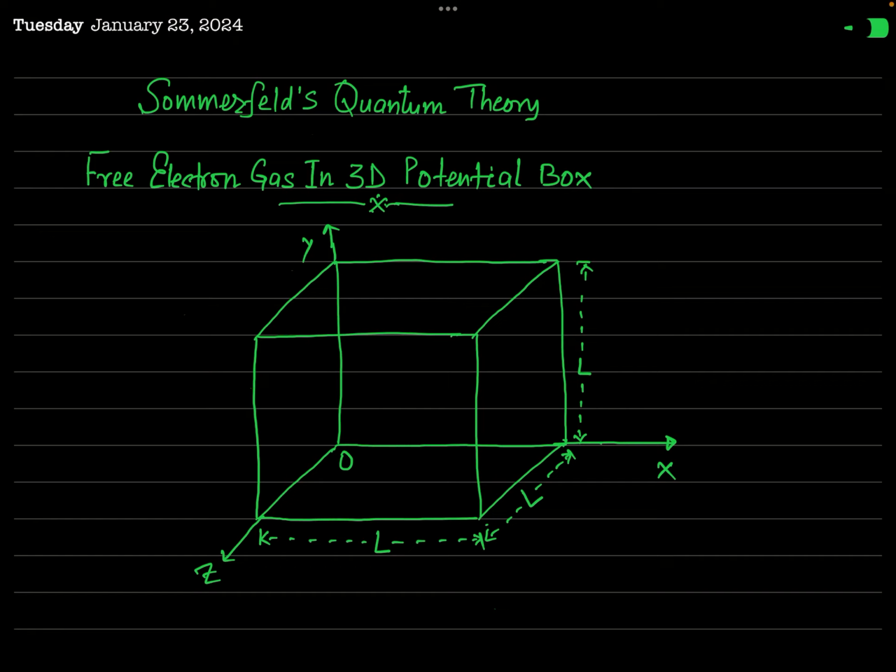And in this problem, first of all, we will discuss the basic theory of free electron gas in a three-dimensional cubical potential box. Actually, this problem is also studied in quantum mechanics, but in the quantum mechanics playlist of my channel, I have not provided it.